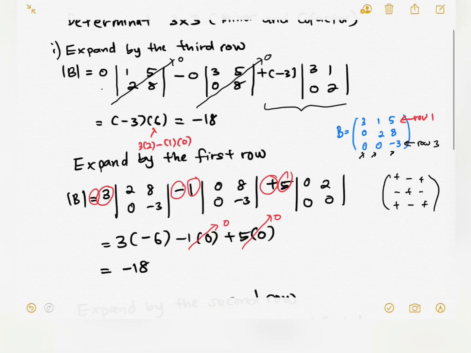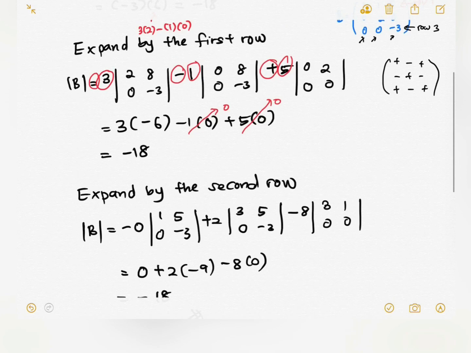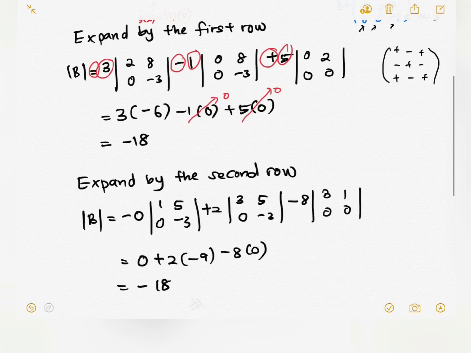If I expand by the second row, my second row is 0, 2, 8. The associated sign with the second row is negative, positive, negative. This 0 will be 0.